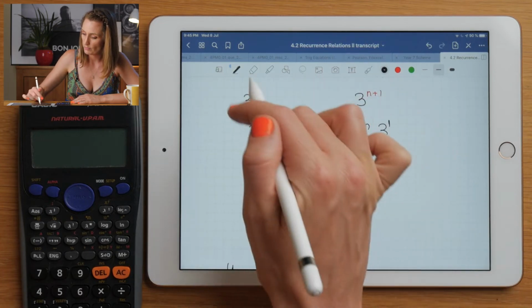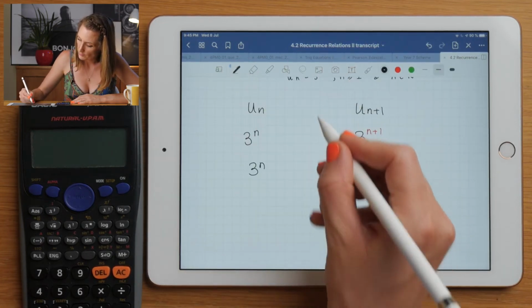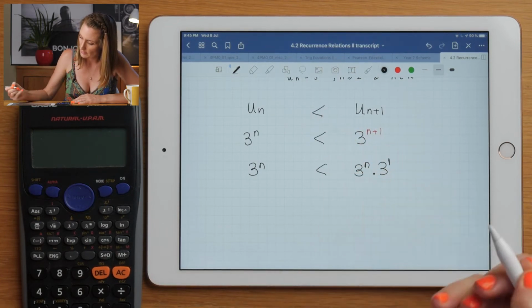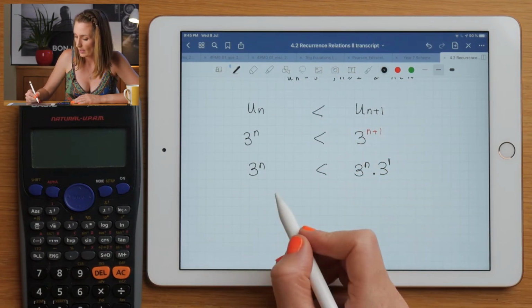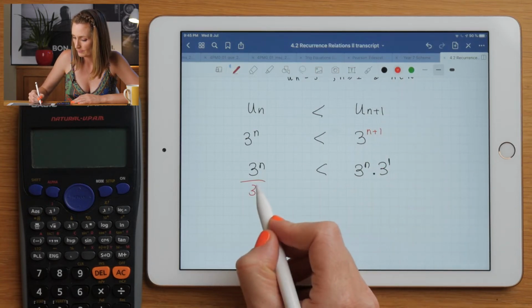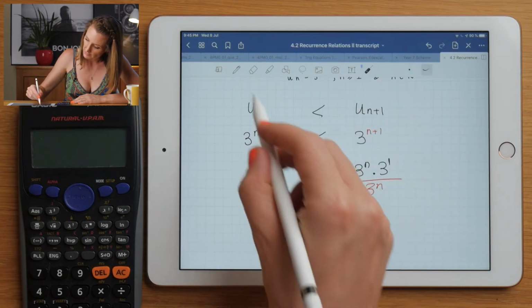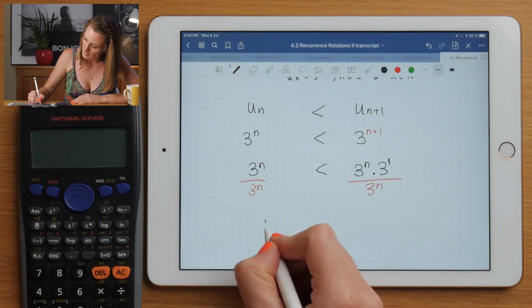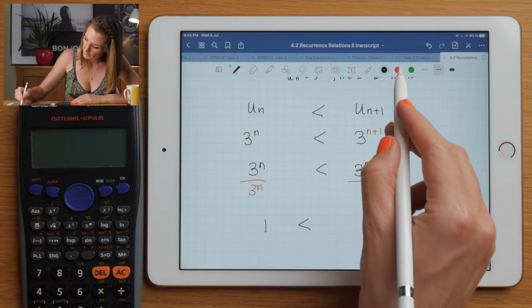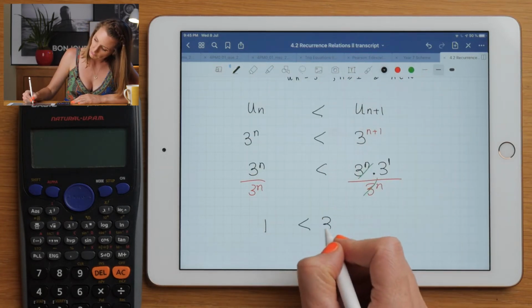So how we can prove that is we can say that we know this one should be like this. Now here I can divide both sides of this inequality by 3 to the n. Because then 3 to the n divided by 3 to the n is 1. These ones would also cancel, and this would be 3 to the 1.